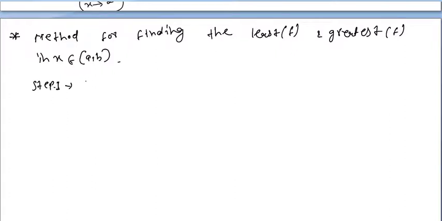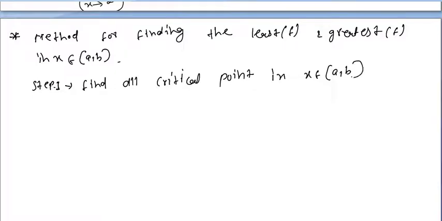Step 1 is to find all critical points in x belonging to the given interval a to b.